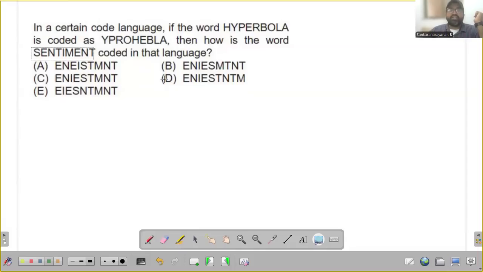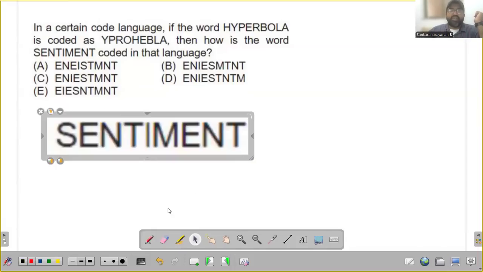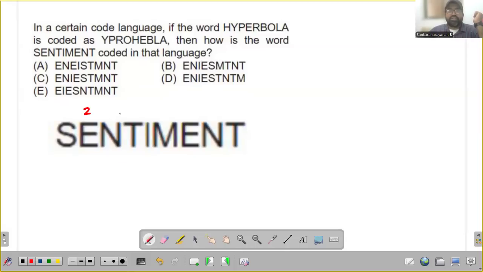Now let us consider this word sentiment. Please be aware the prime positions are 2, 3, 5, 7. So the first four letters when I consider should be E, N, I, E. These are the first four letters.